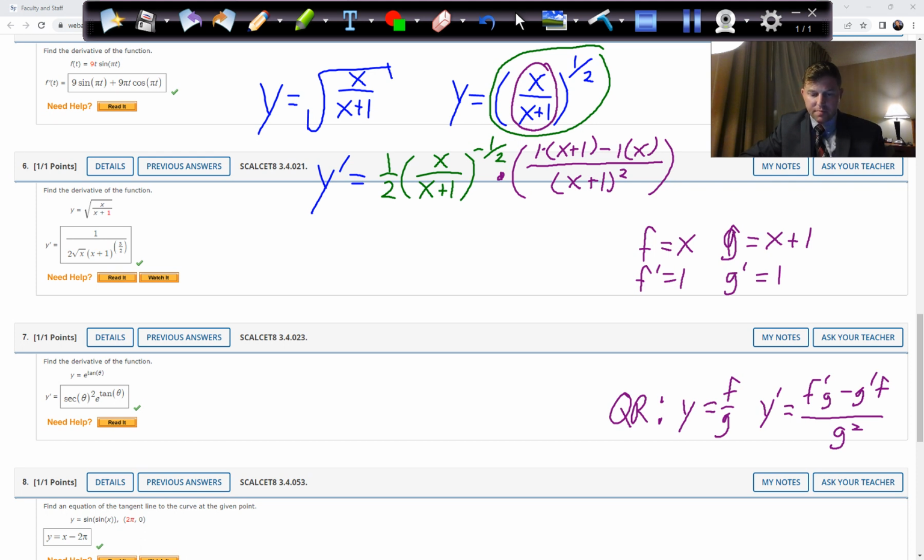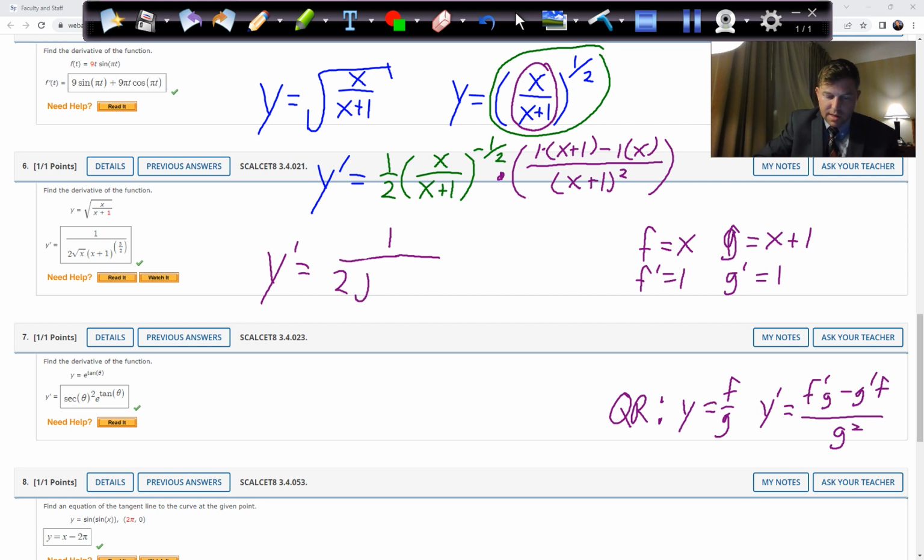Okay, so that inner derivative is a bit of work because it is quotient rule, but we have seen it before. Okay, so let's see what we have here. Y prime is going to equal, we have 1 in the numerator so far.